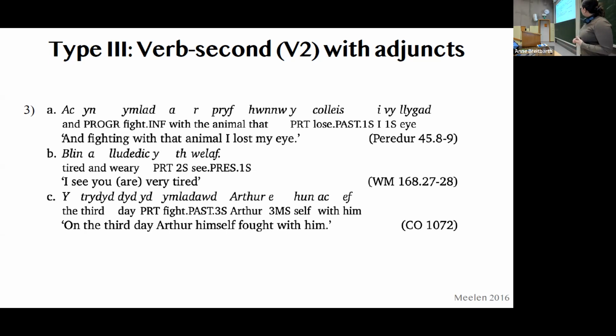with that animal. You can also have something like an adverb like blina seded, which is very tired. So tired and weary, I see. Or a prepositional phrase, or something that you would translate like a prepositional phrase.